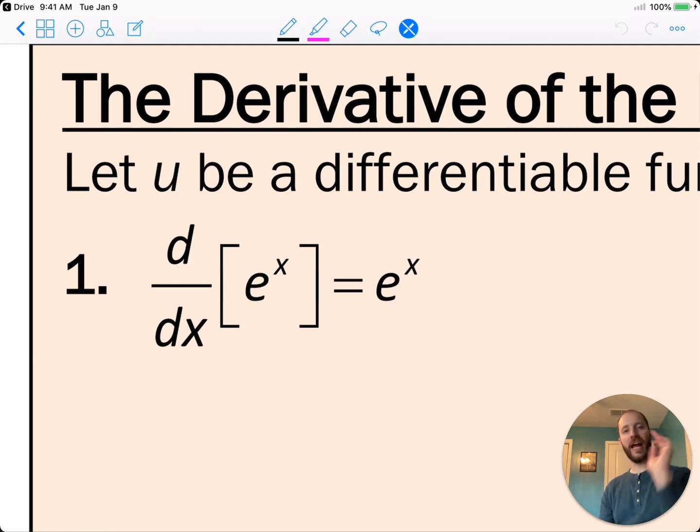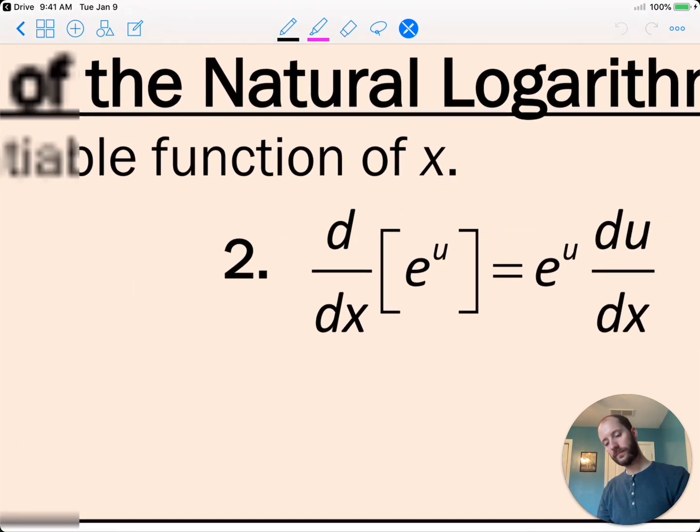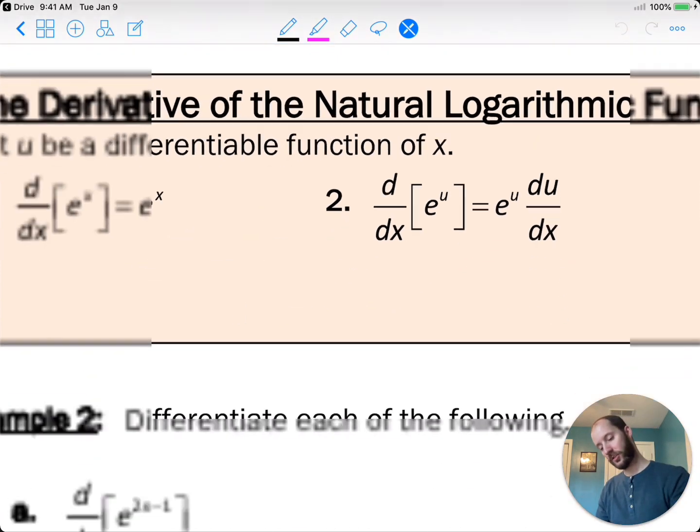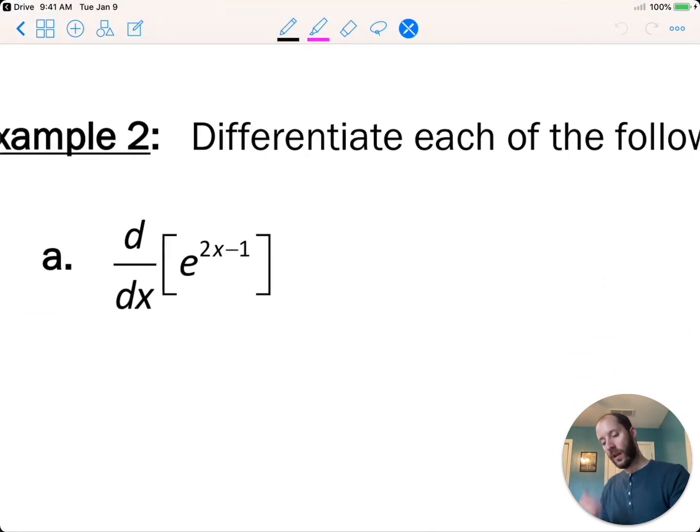Because it's so natural. The position is the velocity, is the acceleration. They're all equal to each other. If you have a chain rule, just use your chain rule tools from your toolbox.